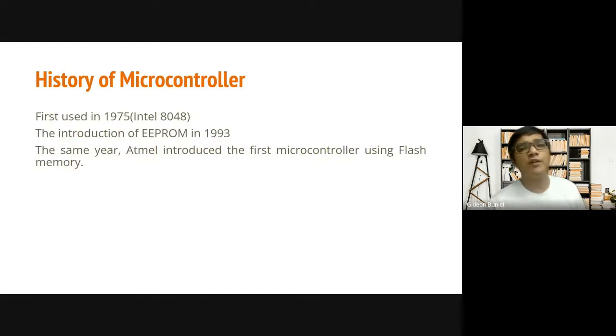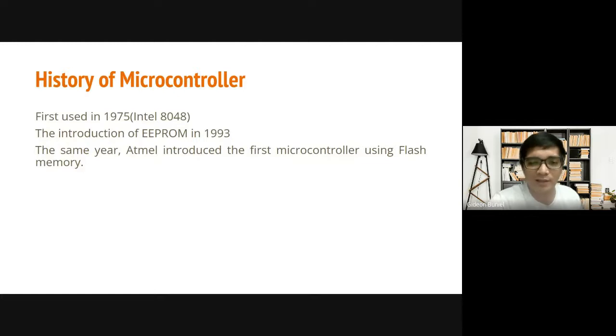For the history of microcontroller, first, the microcontroller was actually used in 1975. So Intel 8048 for the microcontroller. And then there's the introduction of EEPROM in 1983. The EEPROM is electrically erasable programmable read-only memory.